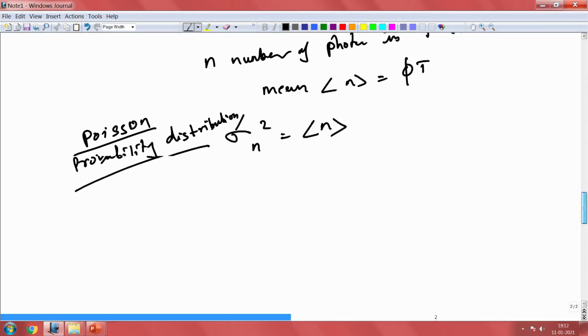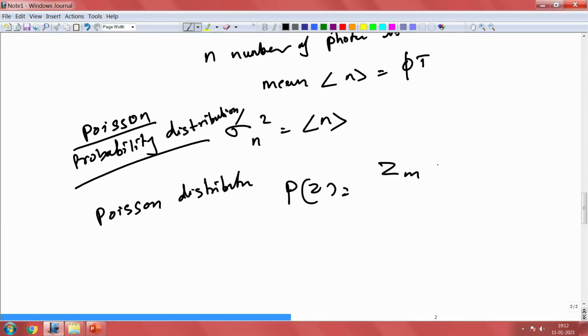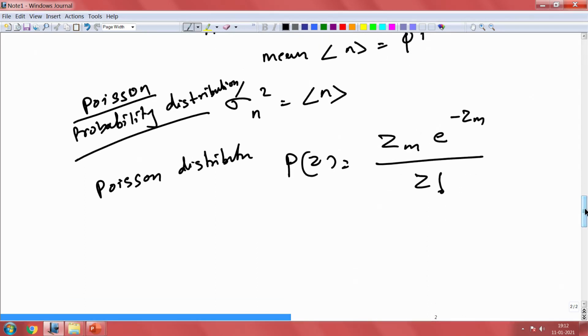So the arrival statistics could be given as this distribution, that Poisson distribution is given by this, m e to the power. So what is z and what is Zm?